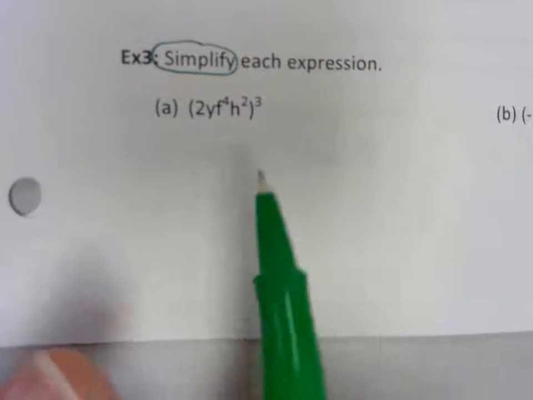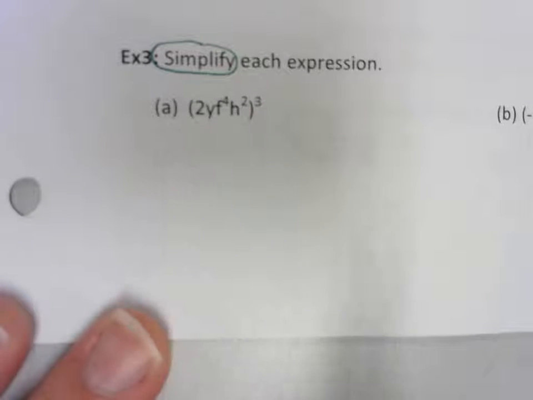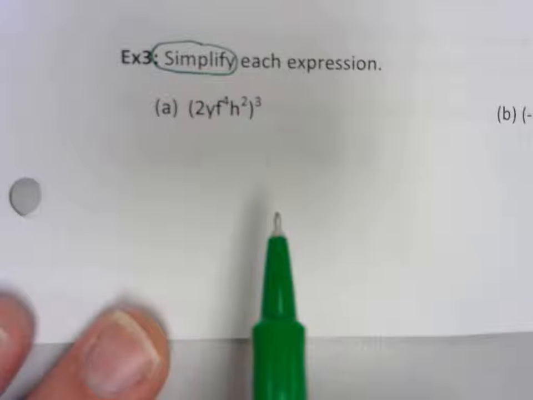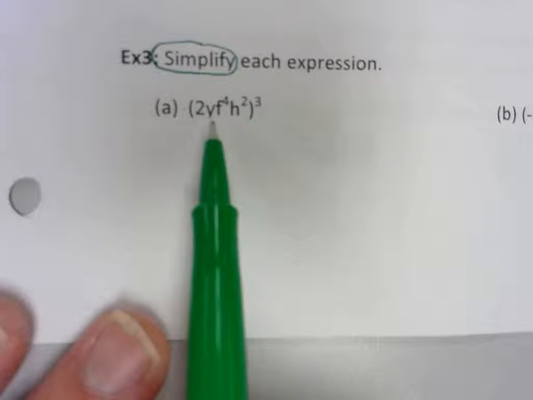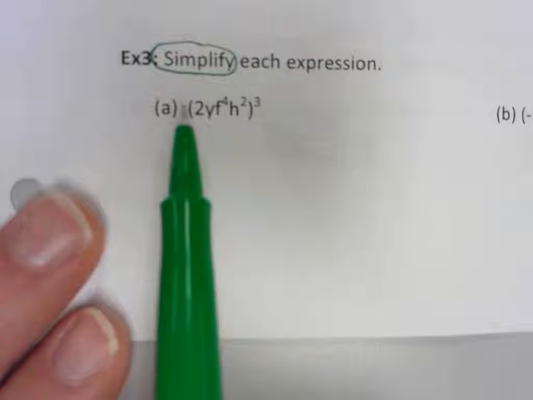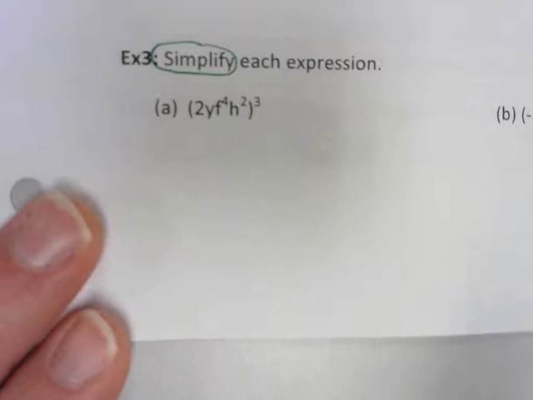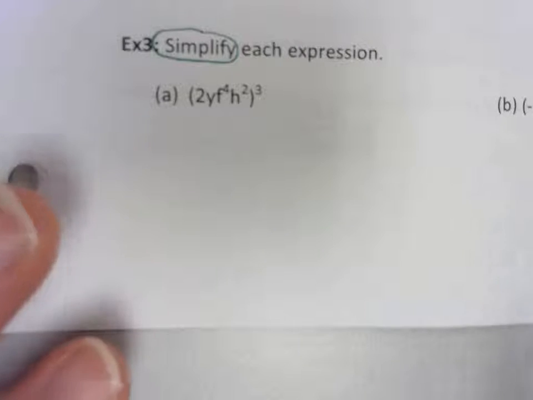I don't have two things multiplied together. I'm taking this whole part in the middle, this whole term inside here, to the third power. Okay? So, what we're going to do to simplify this is we're going to take everything to the third power. Kind of distributing, not really distributing, kind of the same idea.